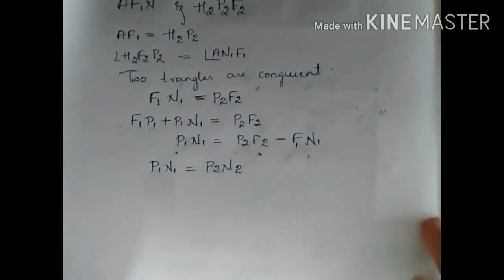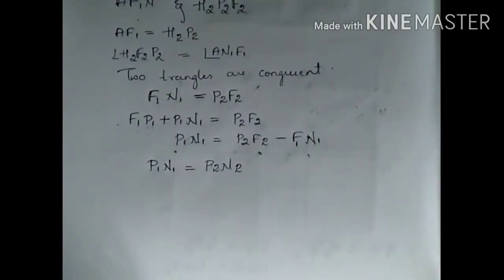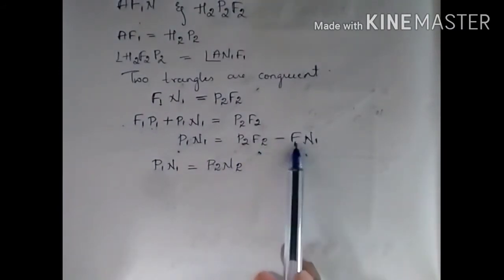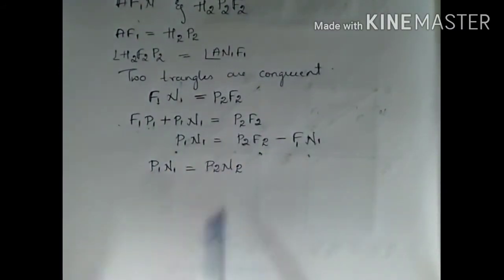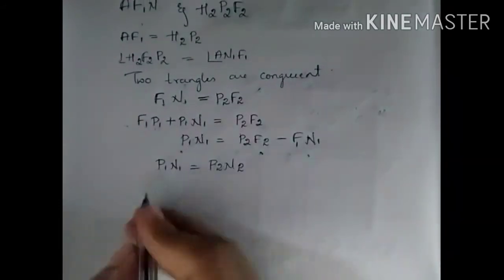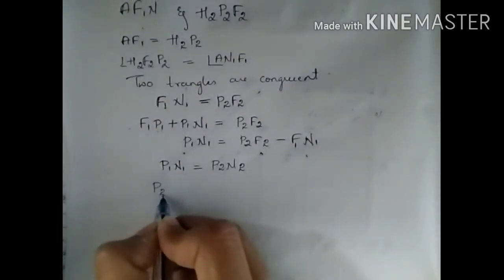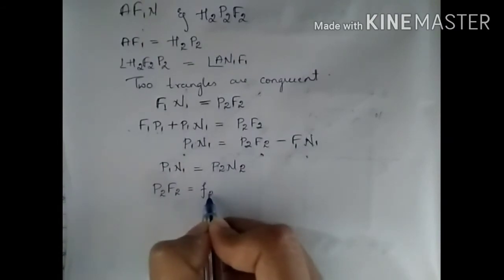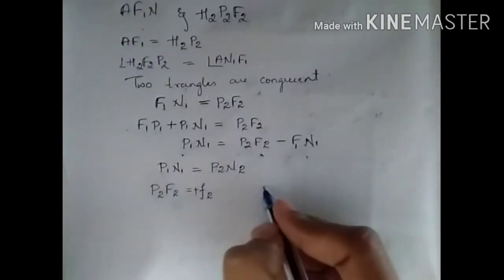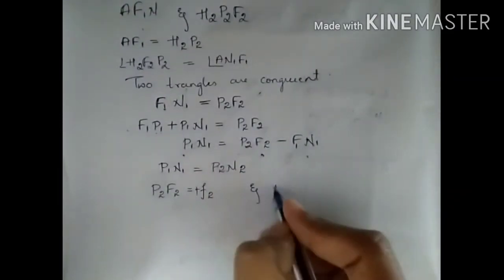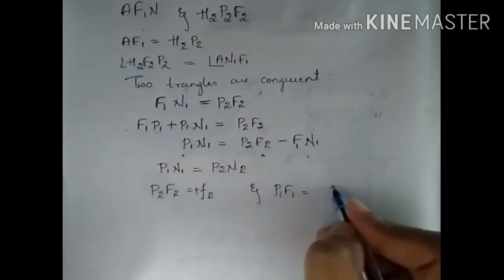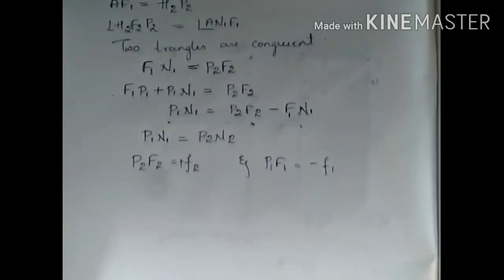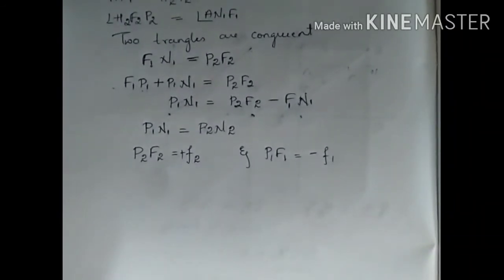This point you can observe from the diagram. So it is clear that P2F2 minus F1N1 will give P2N2. Now P2F2 will give the focal distance F2, that is plus, and P1F1 will give the focal distance F1, that is minus, because we are measuring it in the opposite direction.